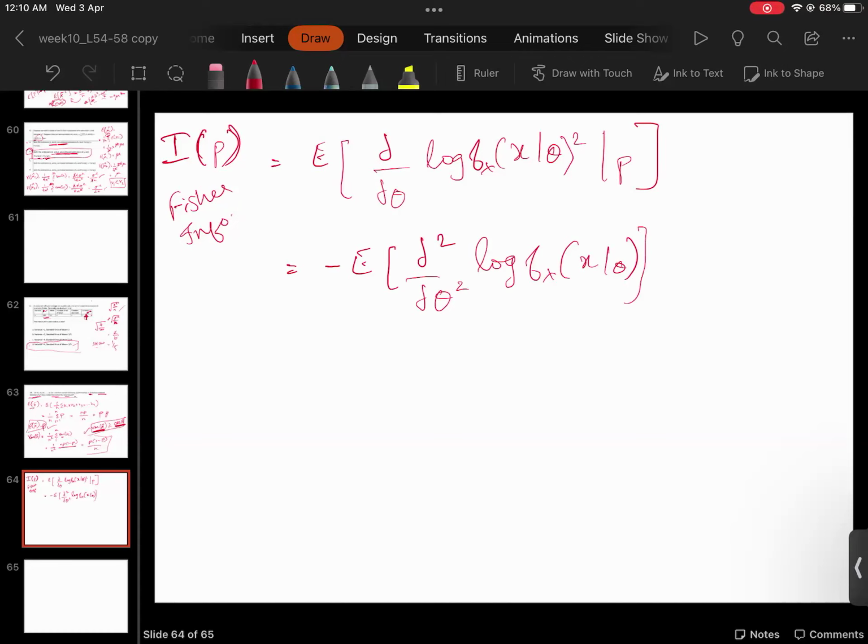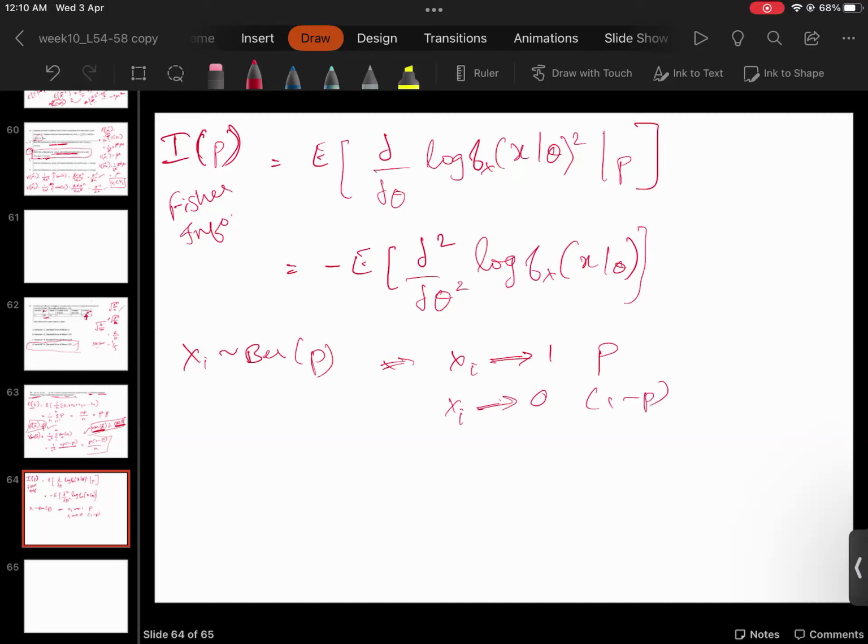Okay, let's try to solve this. Because xi follows Bernoulli's distribution, if probability is equal to 1, you'll have a success. And if probability is 0, you'll have a failure, which is 1 minus p.